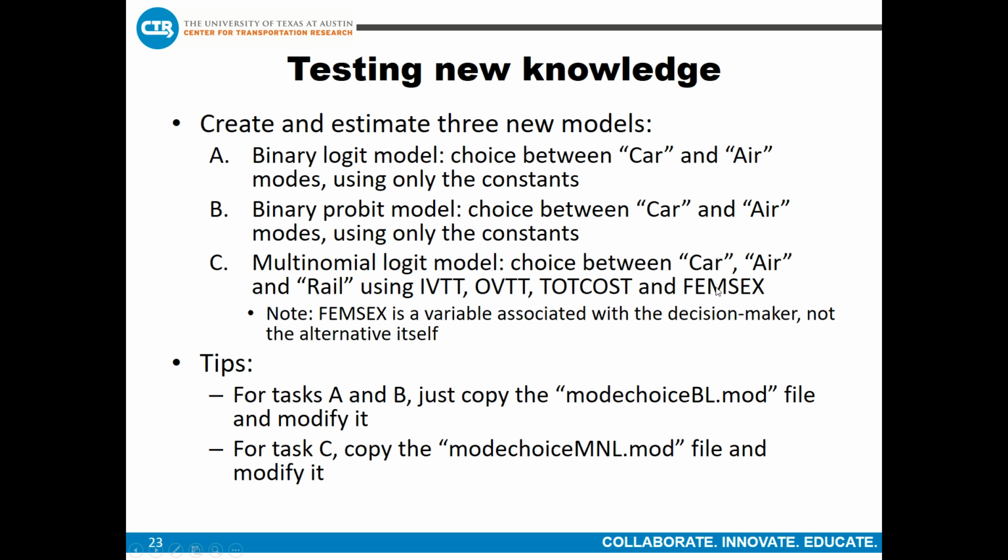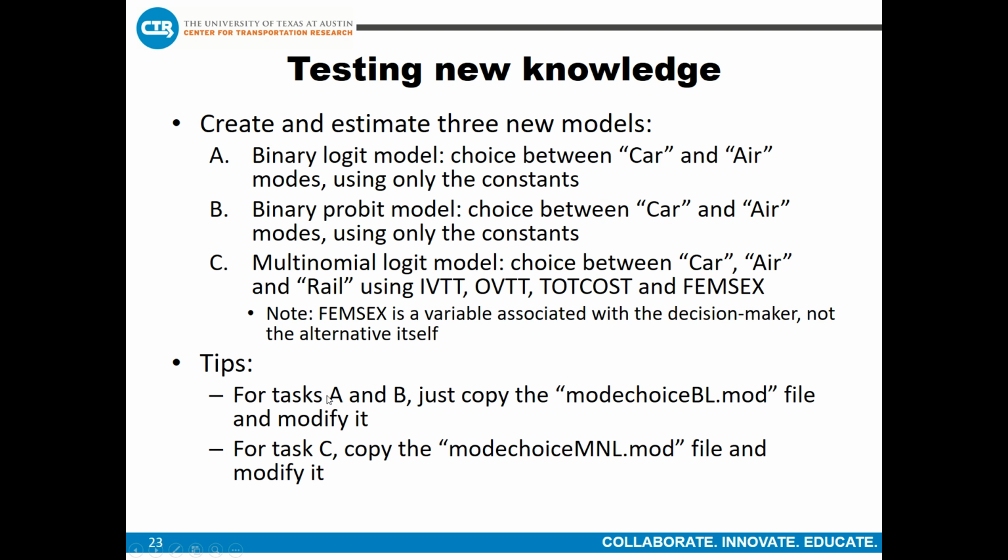The way to create the betas for this variable is different from the way that you're going to create the betas for total cost, OVTT, and IVTT. Remember, you should choose one of your alternatives as the base, and then have two other betas, one for each of the other 2 modes. But I'll first let you guys play around with this and try it for yourselves.